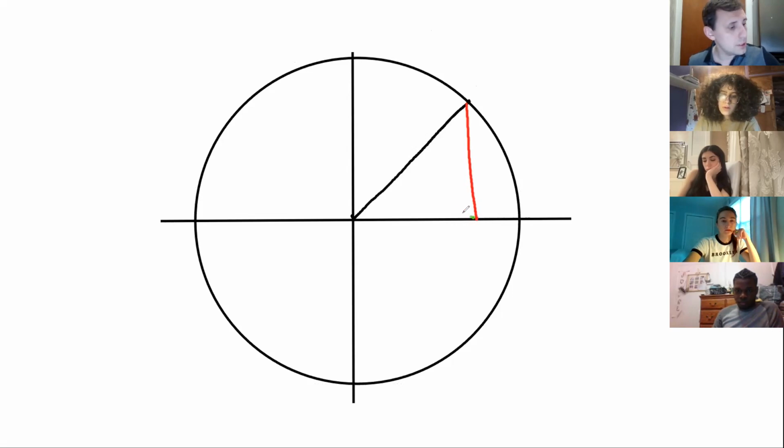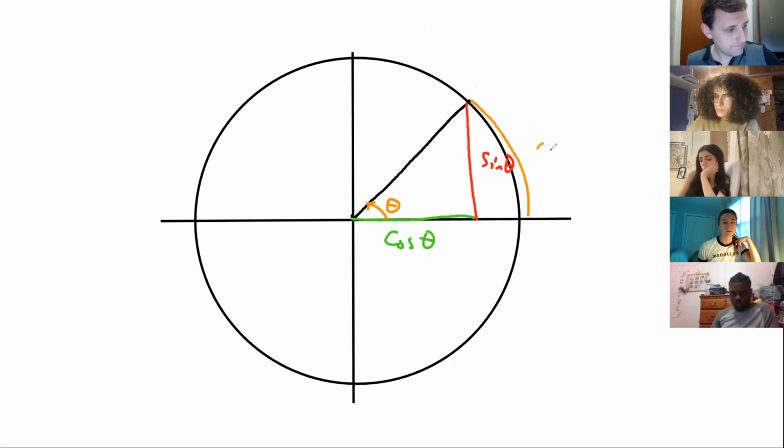So this is the sine and this is the cosine. So this is cosine theta. This thing here is sine theta. And the angle, let's say the angle is this angle theta over here. Actually, the angle theta is naturally here, right? I wrote it over here, but really this is the angle theta in radians.